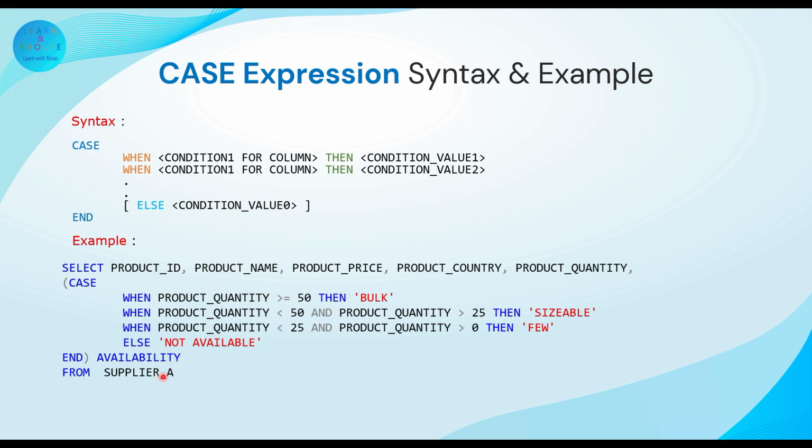So I've taken the supplier table. You all know there is product ID, product name, product price, product country, product quantity, and so on. I am going to display this table's output to a customer or a company, so that they can see the availability of stocks, how many products are available with this supplier.